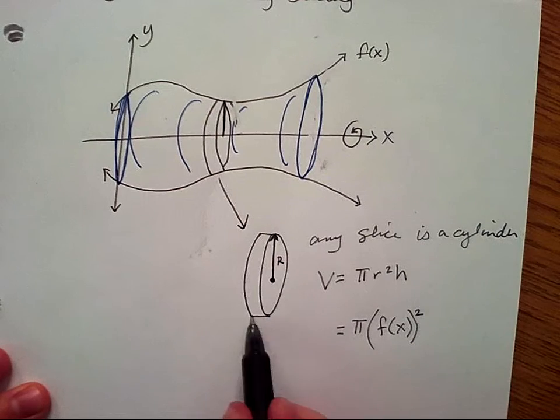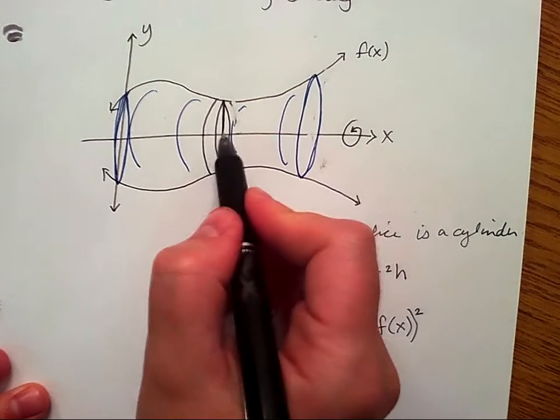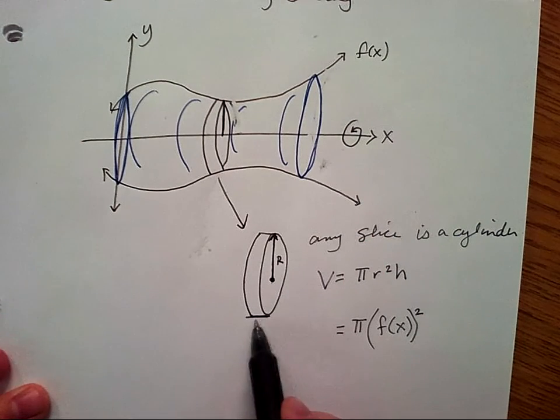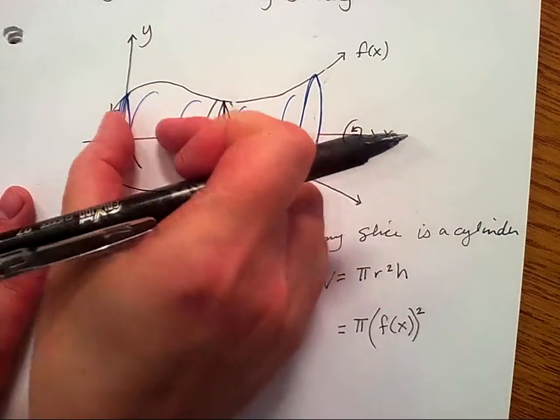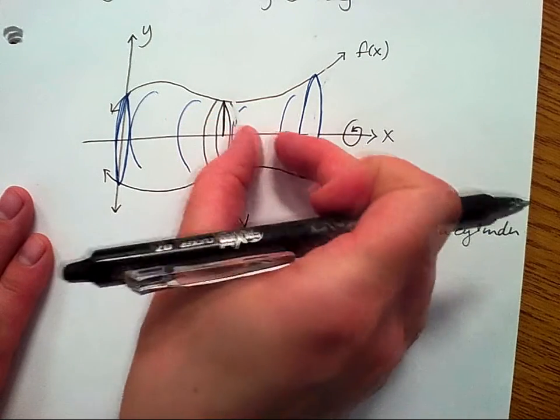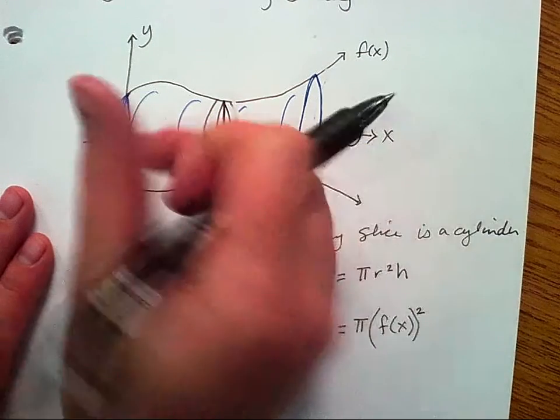What's my height? The height of my cylinder. What do we call it with Riemann sums? We called it delta x, right? The length of my box was delta x.